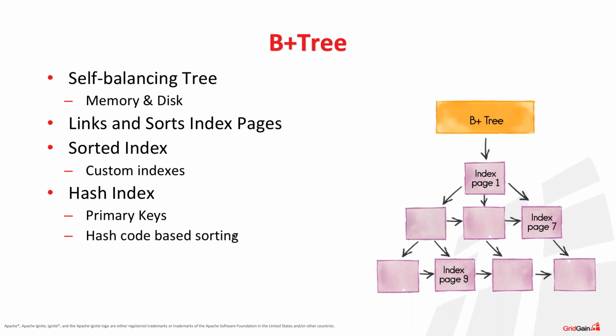And the B+Tree, once again, is a central part of the whole Ignite virtual memory architecture, because as we saw from the previous diagrams, all the data that is stored in virtual memory is located in random locations.